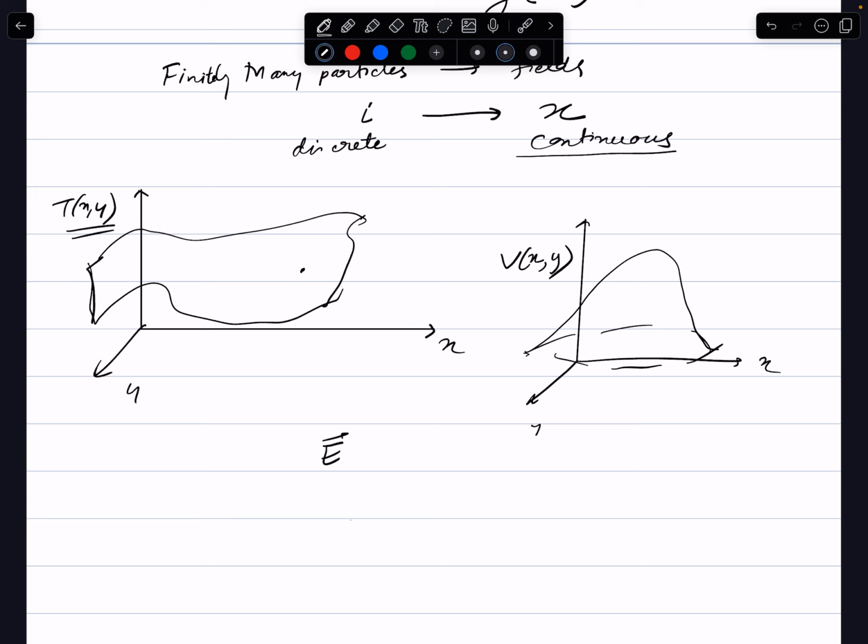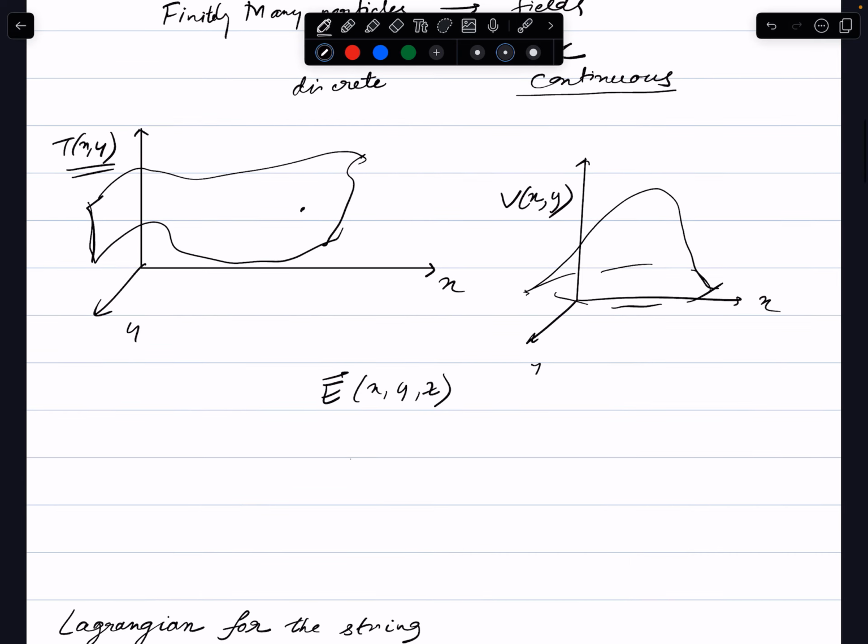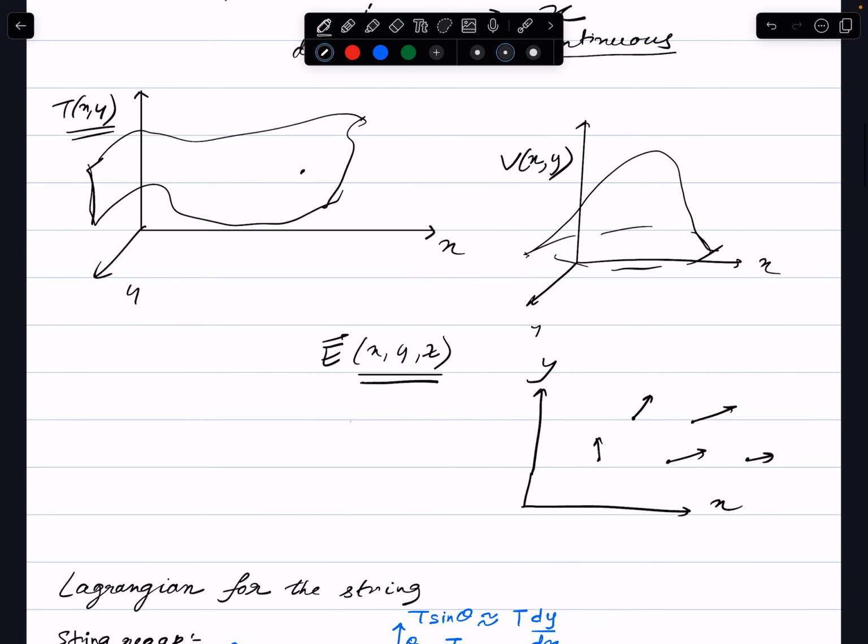So electric field, let's say x, y, z. In a simplified picture, I might draw x, y in 2 dimensions, and at each point there is a vector, and that would be a way to represent the electric field. The point is simply that x, y, z are now labels of the field. They act as labels.